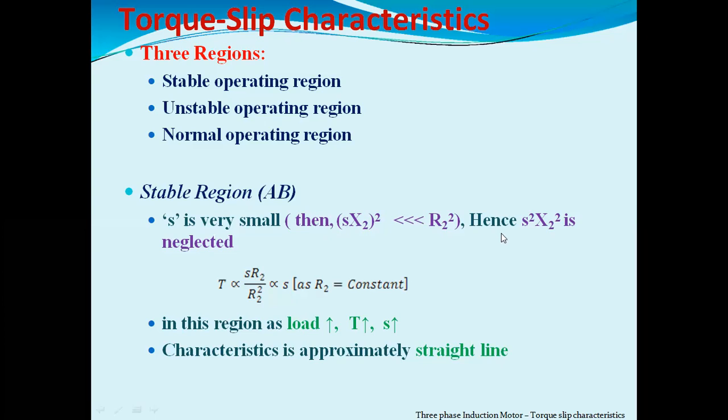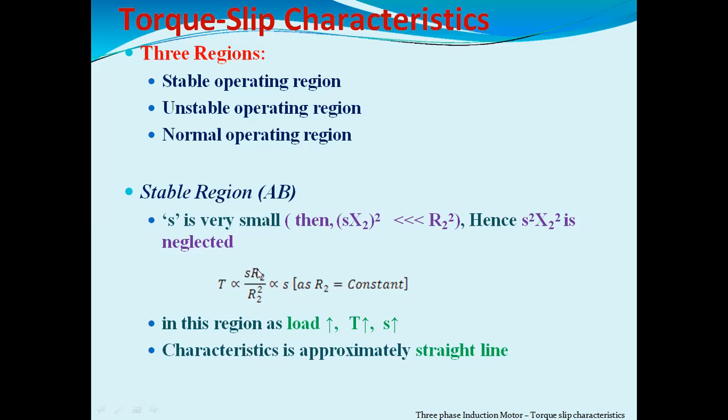So our equation of torque will become, neglecting S and x2 square, torque equal to S R2 upon R2 square. Here we are taking R2 as a constant. So directly we can say torque is directly proportional to S.